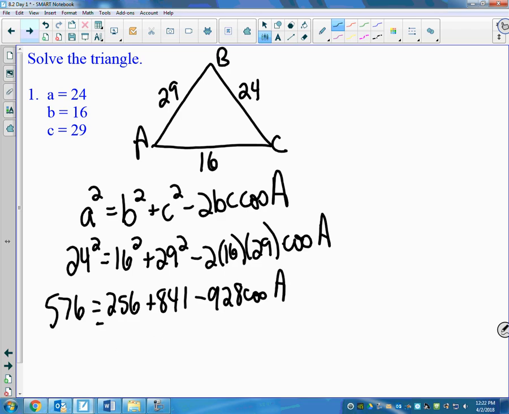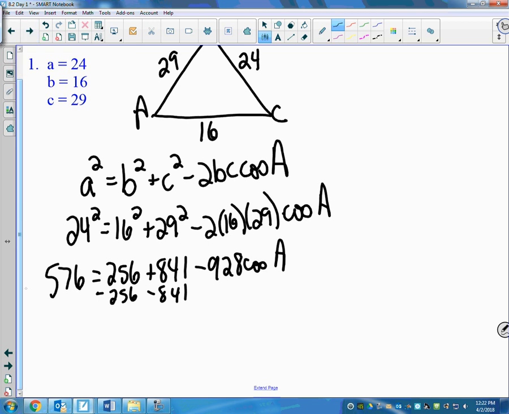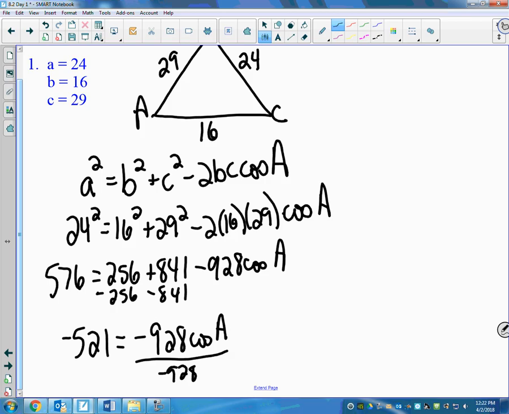Like I'm just going to subtract 256 and subtract 841 to the other side. So minus 256 minus 841. And that gives me negative 521 equals negative 928 cosine of A. And that's multiplication, so I'm going to divide by that. And the negatives cancel out, it kind of doesn't matter there.